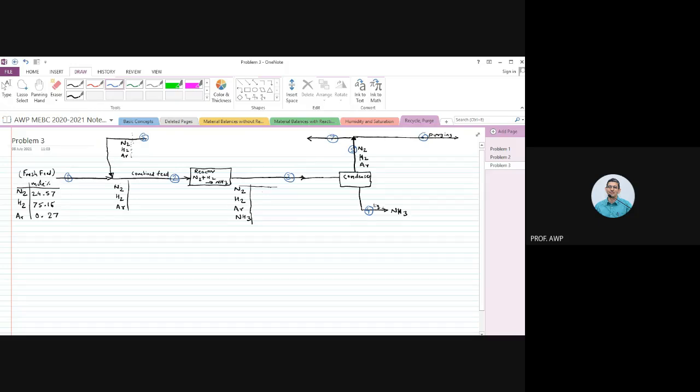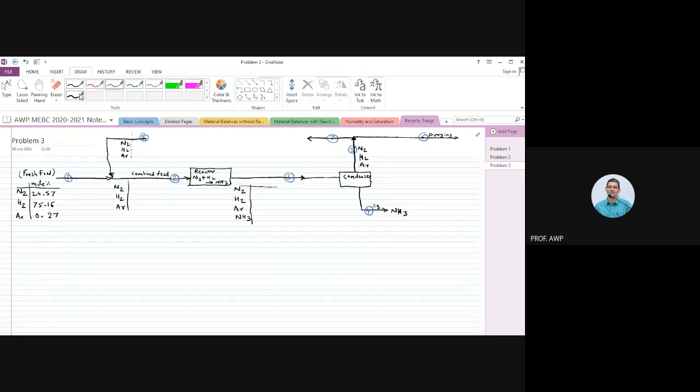But in reality, we know that stream number 7 and stream number 8 are one and the same. So the moles as well as mole percents or weight percents or any other composition measure that we have for stream 7 and stream 8, they are going to be identical.